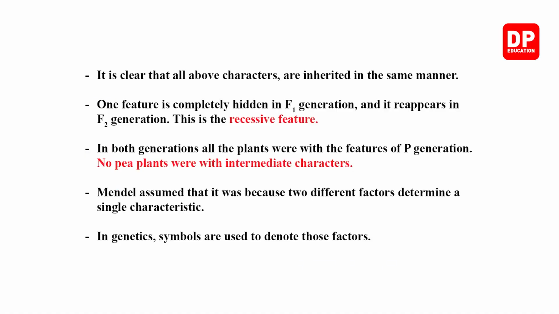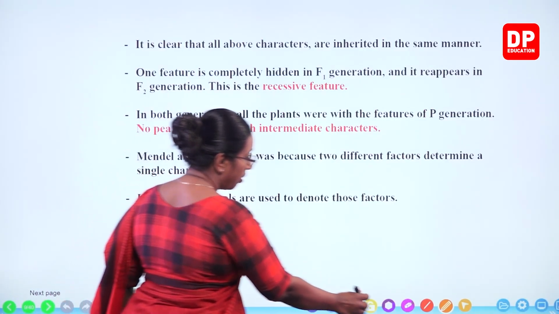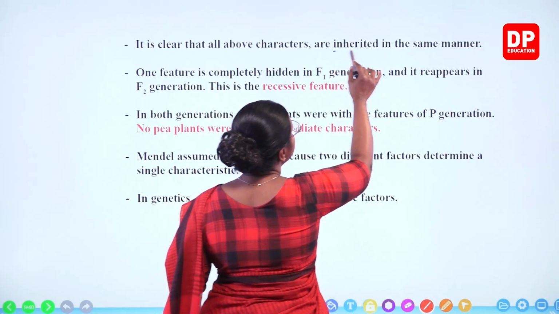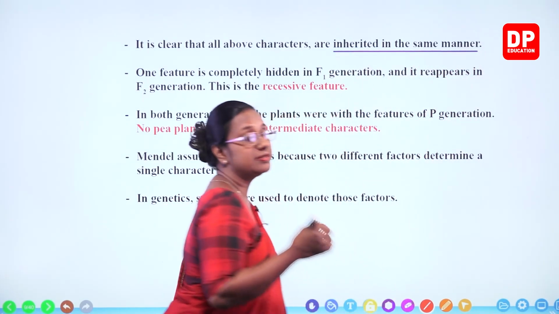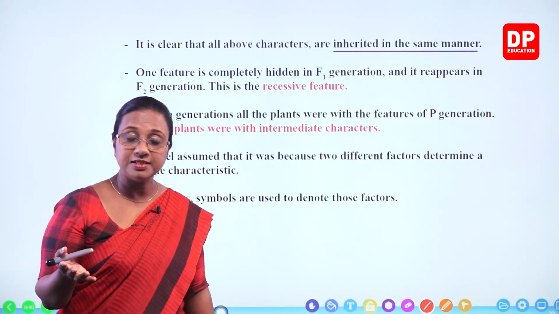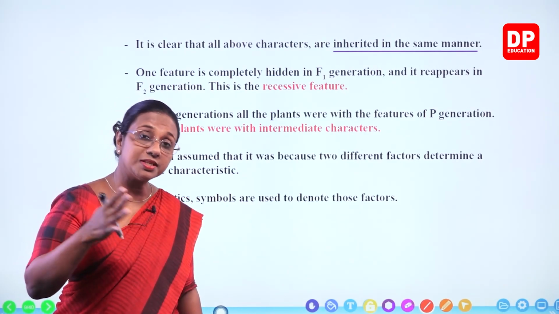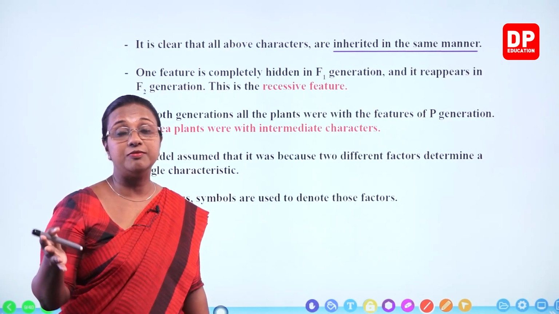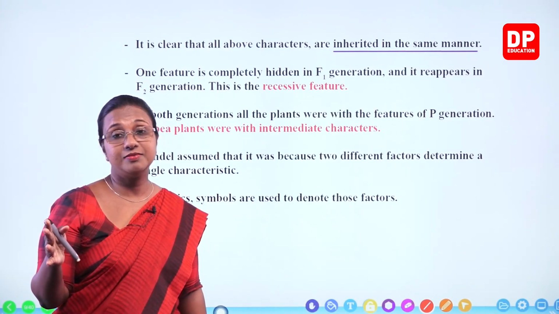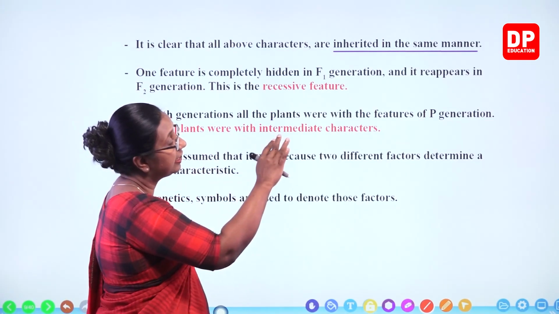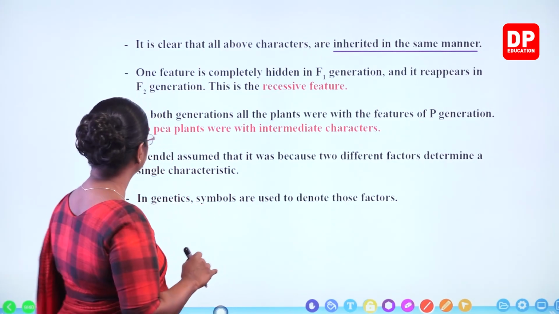It is clear that all above characters are inherited in the same manner. That is clear, no? They are all inherited in the same manner. Always dominant character is expressed in the first generation. Then in the second generation, it was a 3:1 ratio between dominant and recessive character. So all are inherited in the same manner.